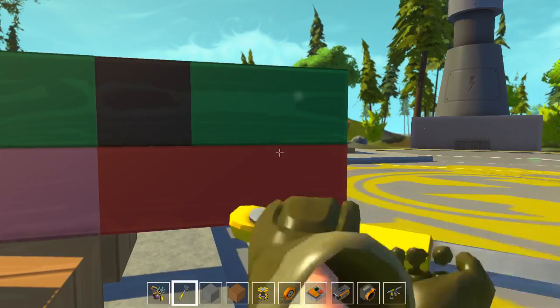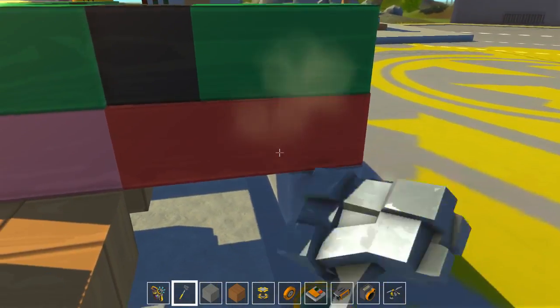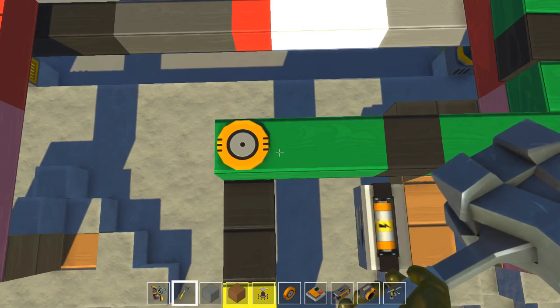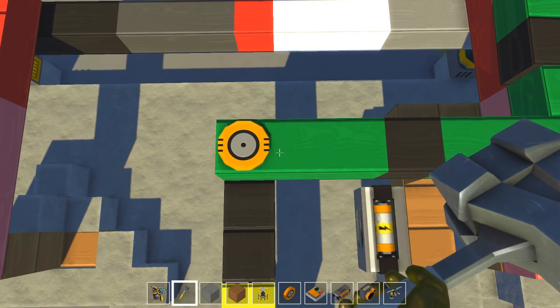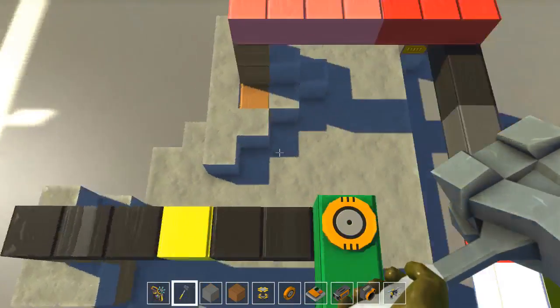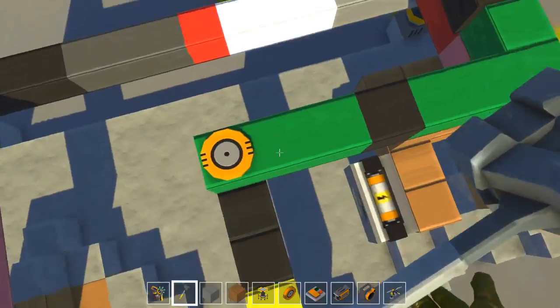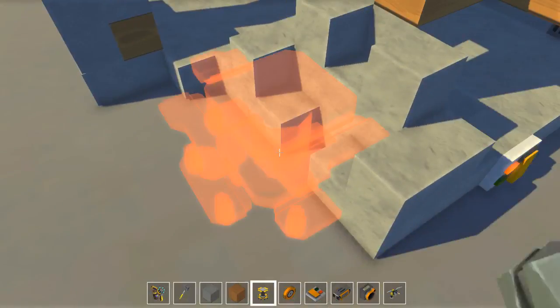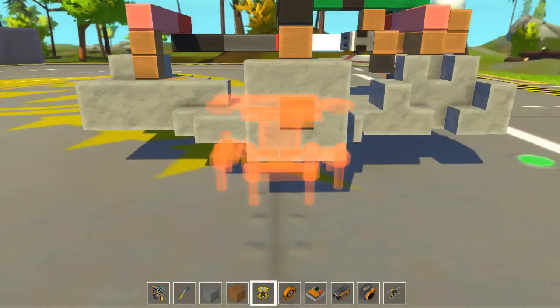Click. Oh, well. Correct. This cannot move. Therefore, this behavior is correct.